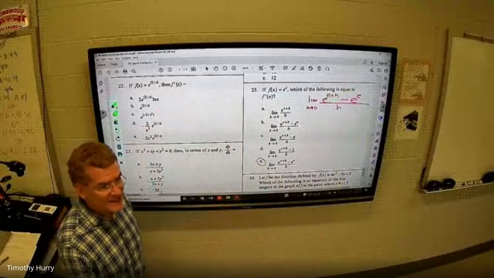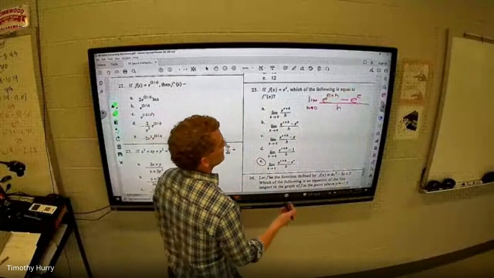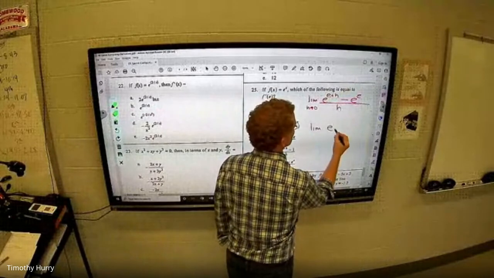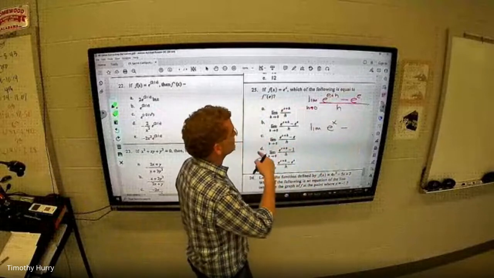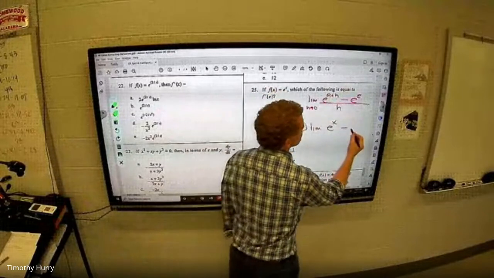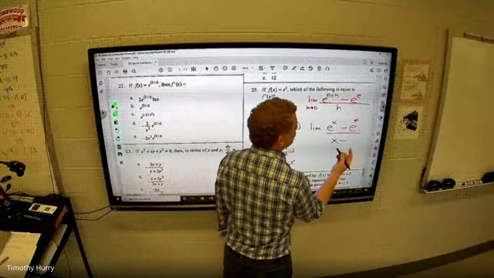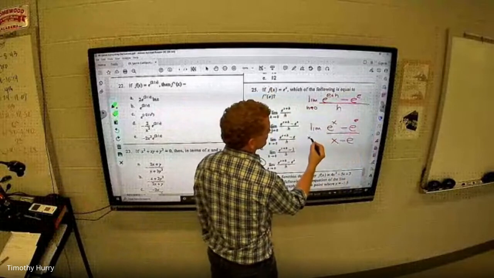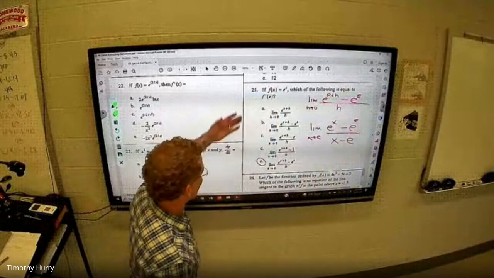Now, if I didn't see that, I could use the other definition of a limit. The other definition says this: f of x minus f of a, which means the function at e, over x minus a. And this is not h to 0. This is x approaches a, which would be e. But I don't see that as an option.